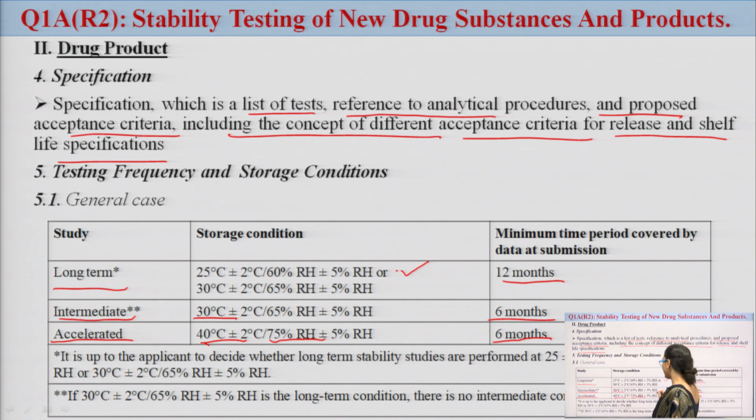Again, if we choose 30 degrees Celsius temperature and 65% RH for long term stability study, in that case we do not need to perform intermediate study. We can omit that part.